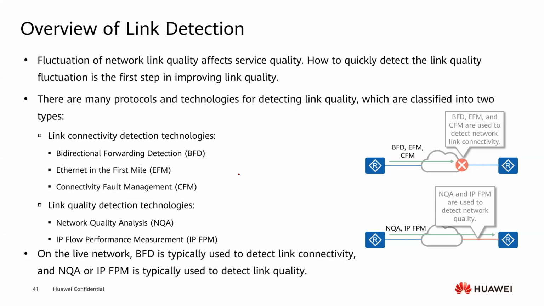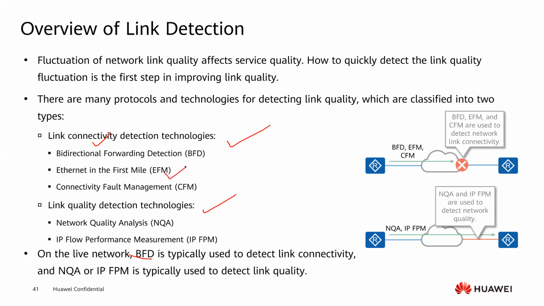For link detection, there are basically two types of technology. First is the technology that detects whether the link is connected or not, the link connectivity detection technology. Another is the link quality detection technology, which means the connection is okay, but you may be facing very high latency or a very high packet loss rate. On the live network, for link connectivity detection, most of the time it is BFD.